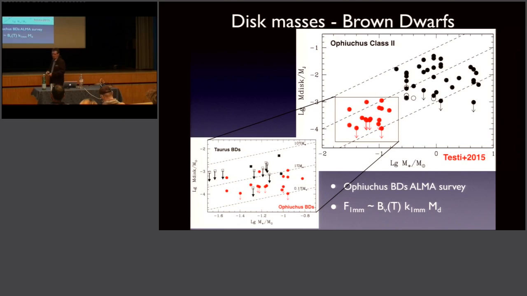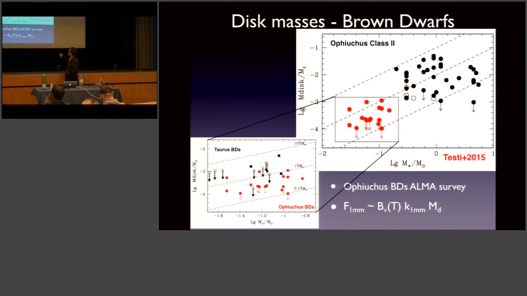This allows us to detect, instead of 1 or 2 brightest disks, more than half of the disks. So we detect, roughly speaking, 2/3 of the sample. The other interesting aspect is that we don't have a bias against bright disks, obviously. Bright disks, we would have detected them easily.